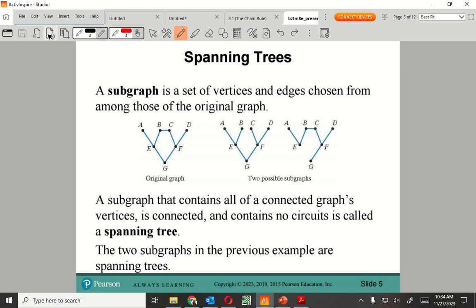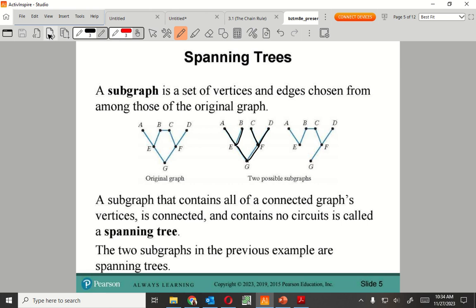Now if you look right here, what did I do? We went A, E, right? That one's still there. To B, that one's still there. And is that one still there? Yes. What did we take away? We got rid of BC.